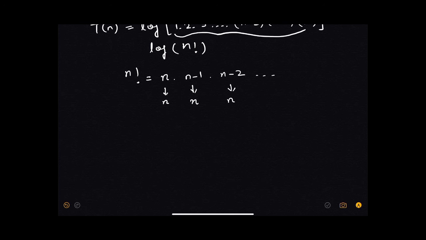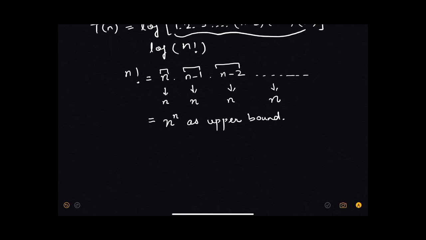And I assume that all the following values are also equal to n. So the time complexity I can write as n raised to the power of n as upper bound. That is the highest value that any quantity over here can reach is n. So I have said that n factorial is n raised to the power of n as upper bound.